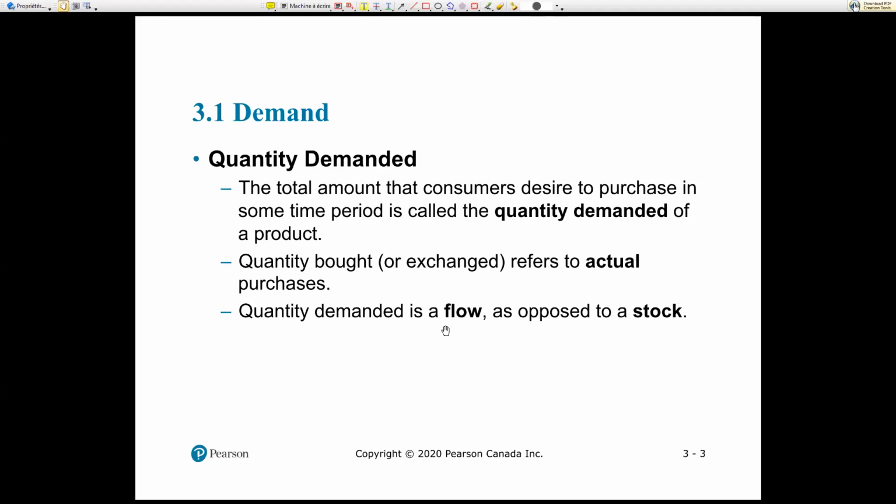And the quantity demanded, as I said, is a flow because it's per period, per year, or per week, I don't know. And a stock is something that's just always there. It's not something that you purchase every week. It's something that you have and you don't purchase again.